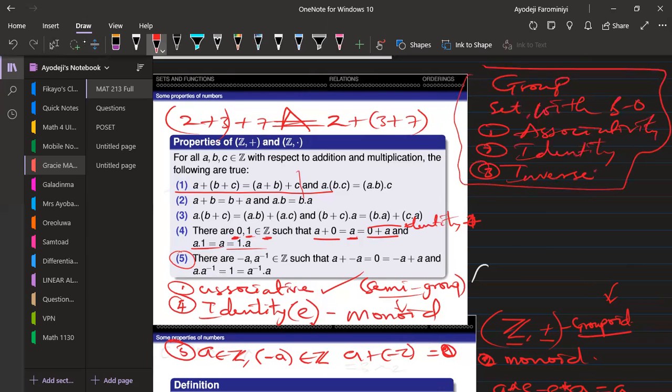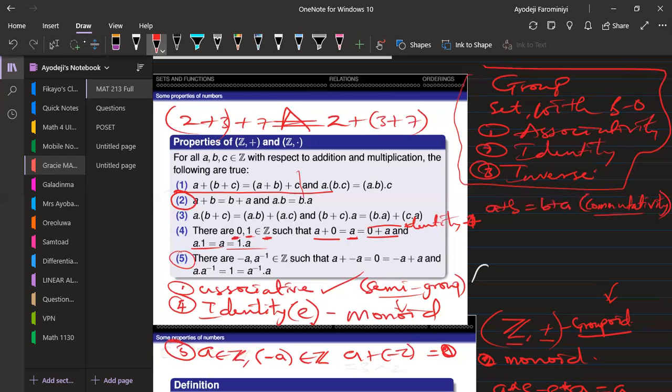If in addition to all of this, we now have another property, that is a plus b equals b plus a, this property is what we call commutativity. So we say the two elements commute. When we reverse the position of the elements, the answer is still the same.